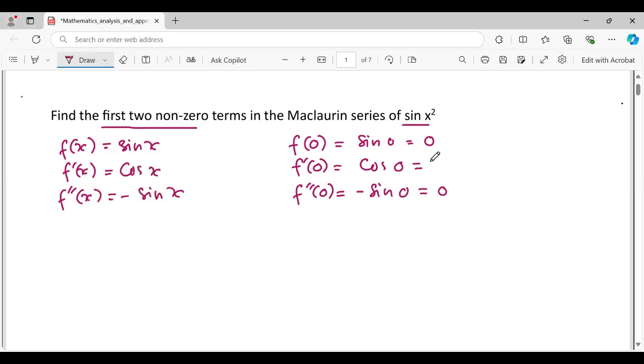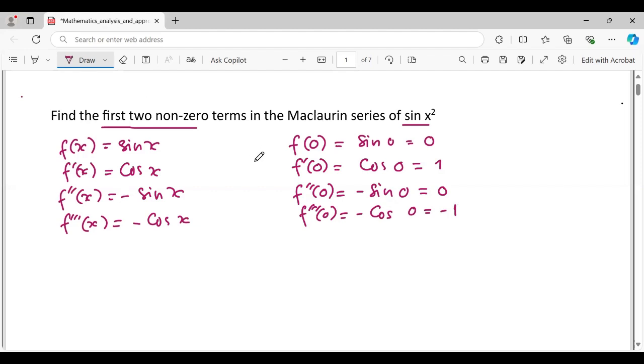Then the third derivative, the derivative of minus sine x, equals minus cosine x, and if x equals 0, it will be minus cosine 0, or minus 1.